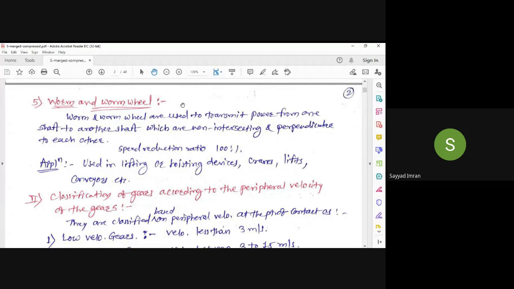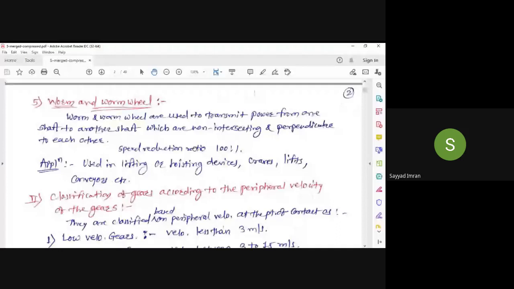Then what is the application? Worm and worm wheel are used in lifting devices or hoisting devices. They are also used in cranes, lifts, and conveyors. So you can find lifts, conveyors, and escalators in the malls. There worm and worm wheel are used.